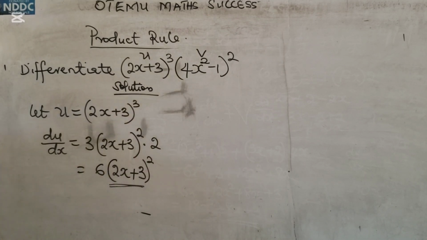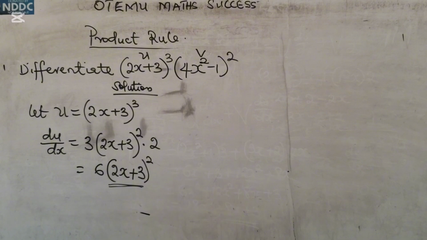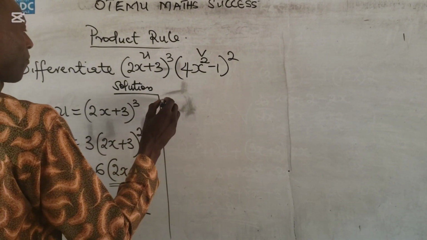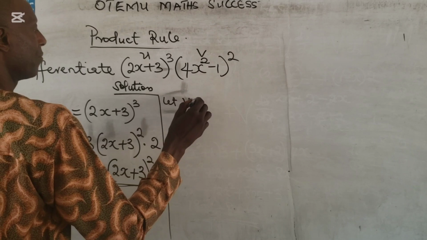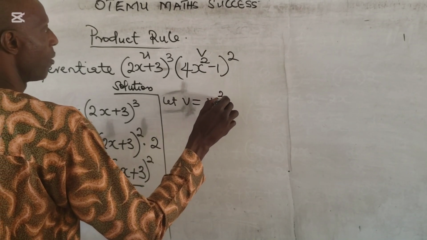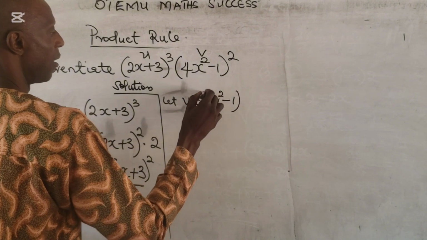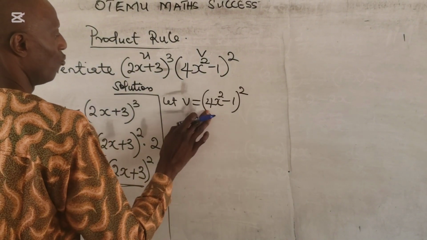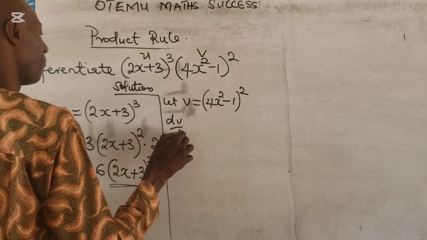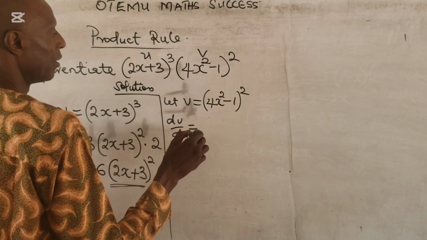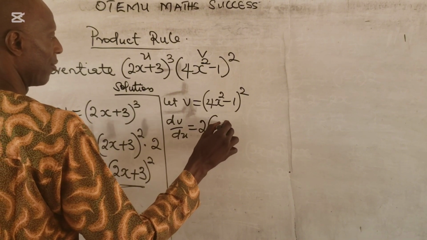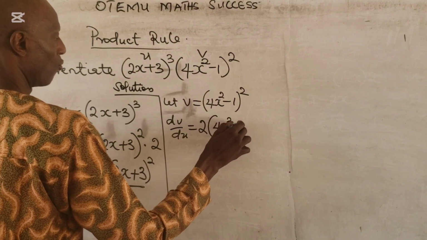That is du/dx. So I'll now say, okay, let V be (4x^2 - 1)^2. So we want to differentiate this, dv/dx to be, these two will come down into (4x^2 - 1).